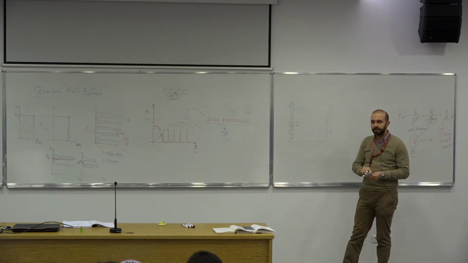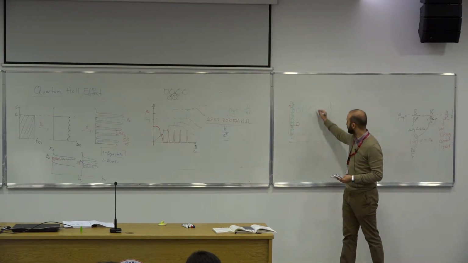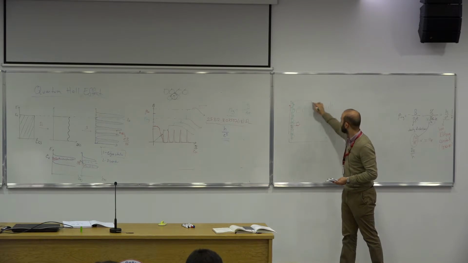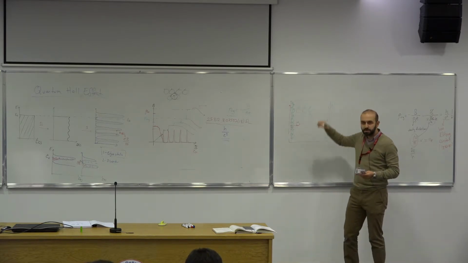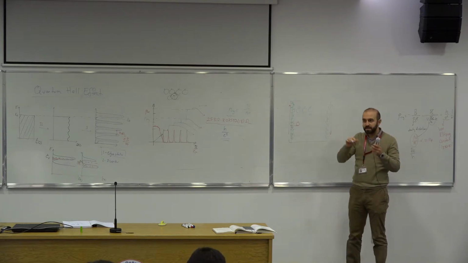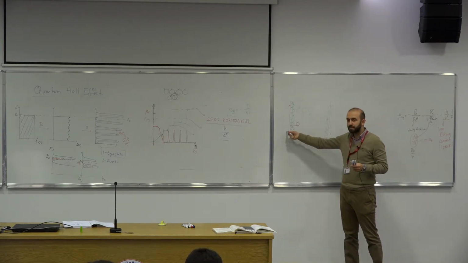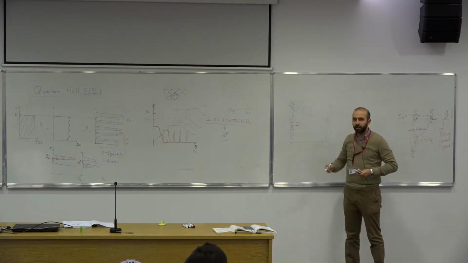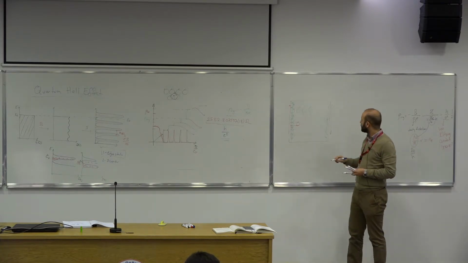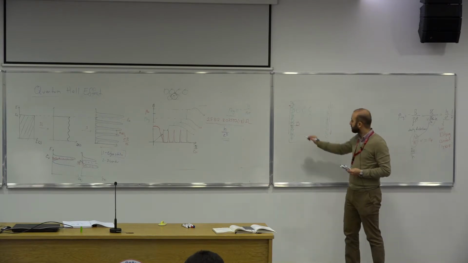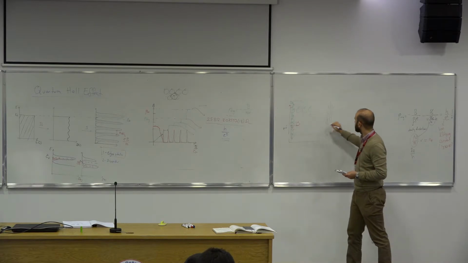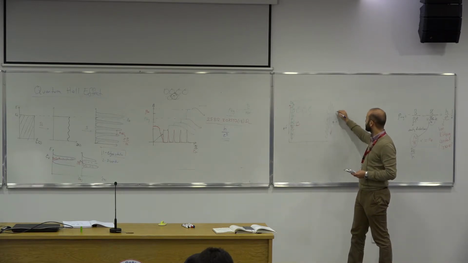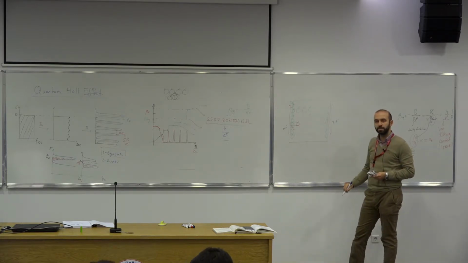So all of a sudden, the bulk is an insulator because all the electrons are doing these circular orbits, but the edges are conducting. So at the edge, I have a conduction. But in an ideal system, any number of electrons that travel in that direction will be equal to any number of electrons that travels in the opposite direction.